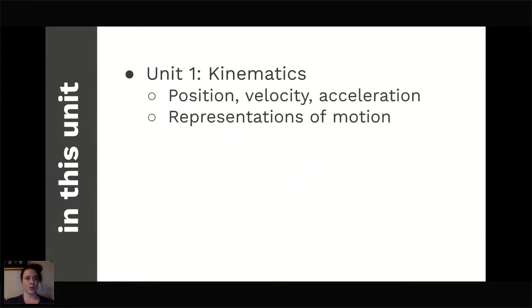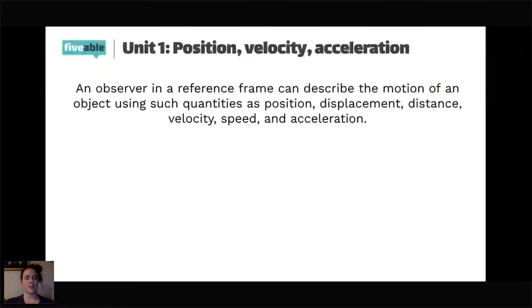So to get started, Unit 1, kinematics. The 2 main topics that are included in this are position, velocity, acceleration, and then representations of motion. So to begin with position, velocity, and acceleration, things that you need to know.